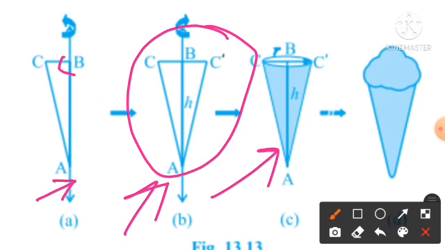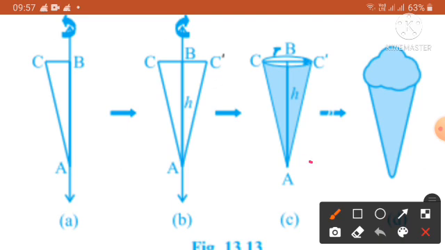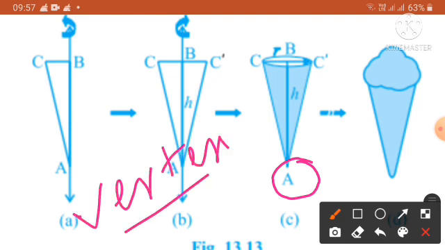Now in this right circular cone, here the point A is called the vertex. AB is the height h, BC is the radius and AC is the slant height.